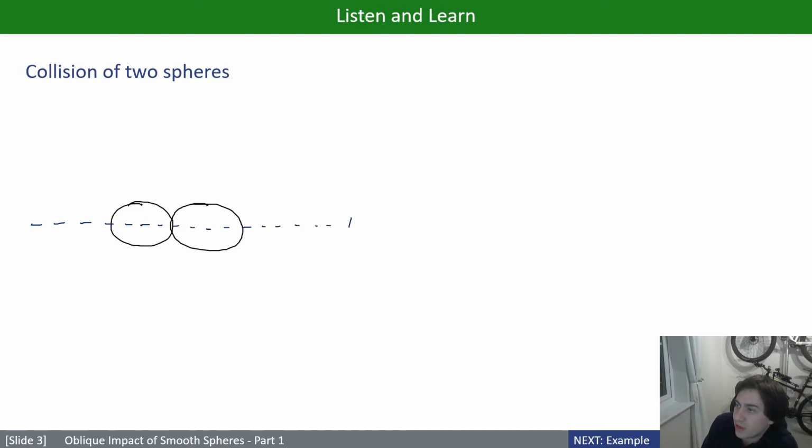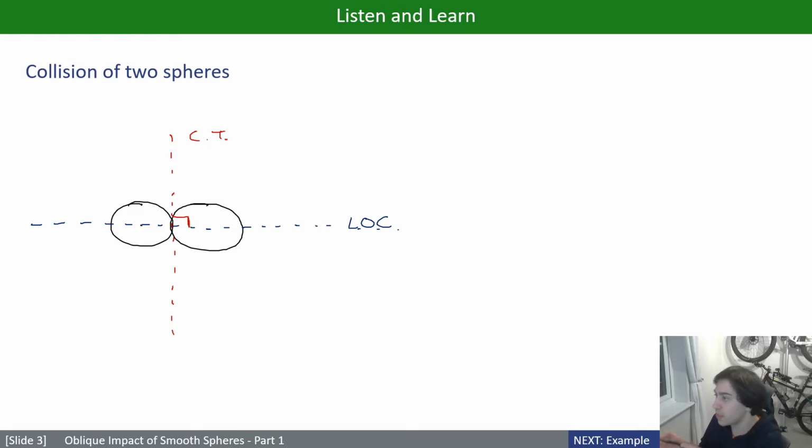So that's our line of centers, and this is our common tangent. Okay, and again they're perpendicular, so that means we can use them effectively as axes by which we can split velocities into two different components, right?